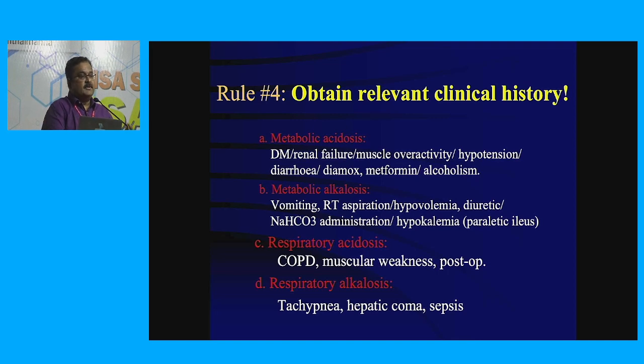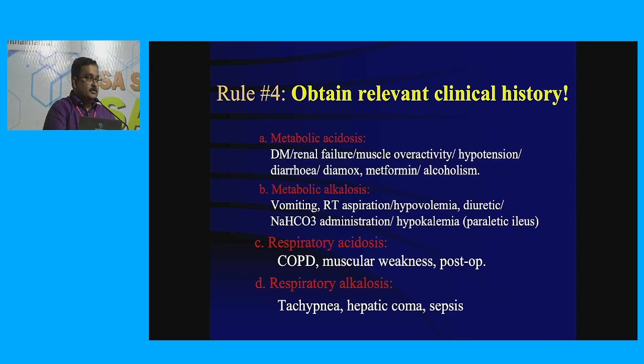Metabolic alkalosis: a patient on RT aspiration, a patient who is hypovolemic, whom you have given soda bicarb, who is having vomiting, all these patients will have metabolic alkalosis. So from history itself you can have an idea what the ABG picture will look like. Respiratory acidosis: COPD patient, post-op patient who is having muscular weakness, you have not reversed the patient properly. Respiratory alkalosis: a patient who is having tachypnea, who has hepatic coma or sepsis.